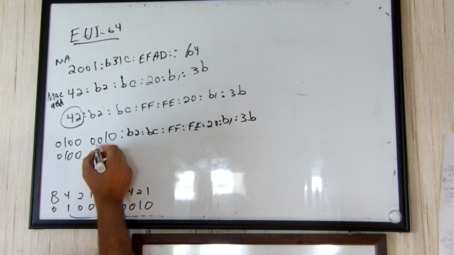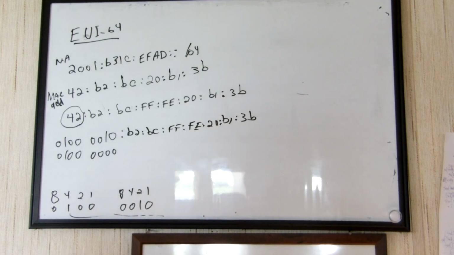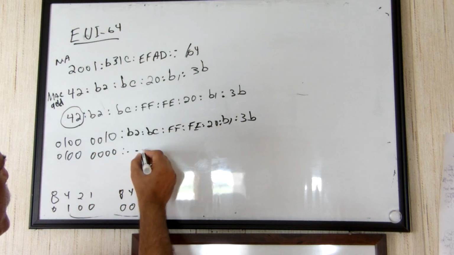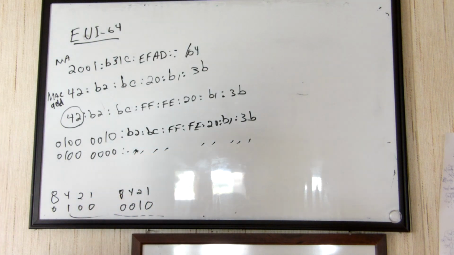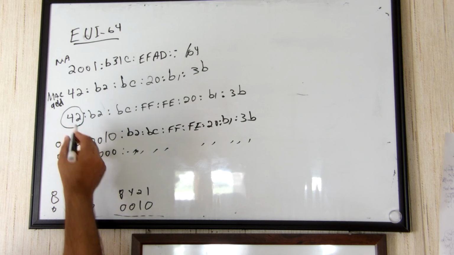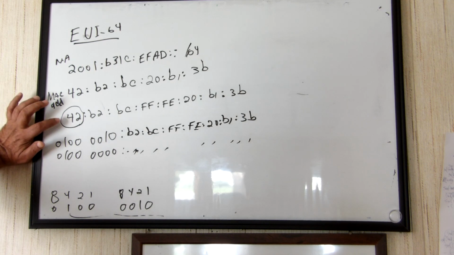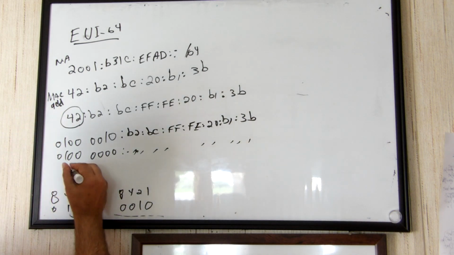It's going to be 0100 0000, because only this one is changed. The rest I don't want to write again. In decimal, this is going to be 4 and this is going to be 0.